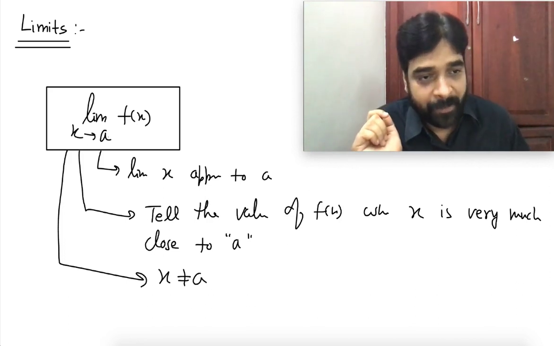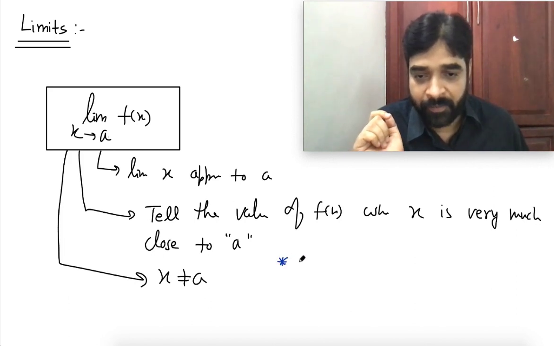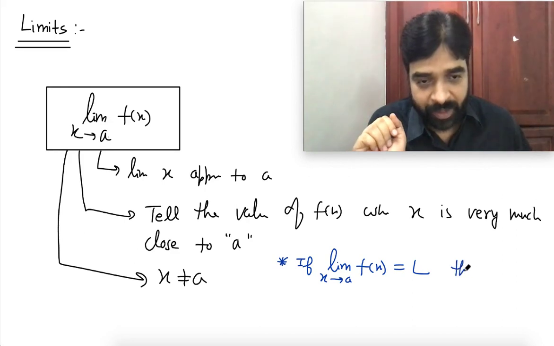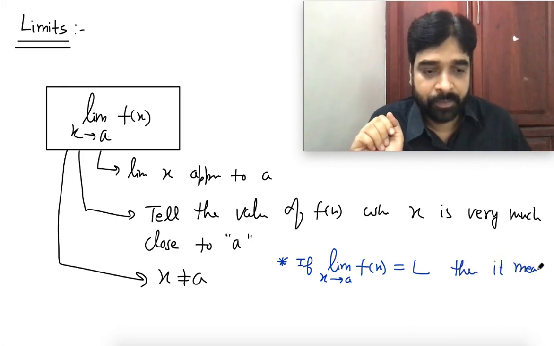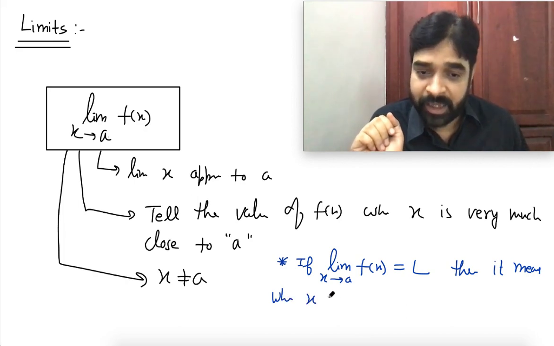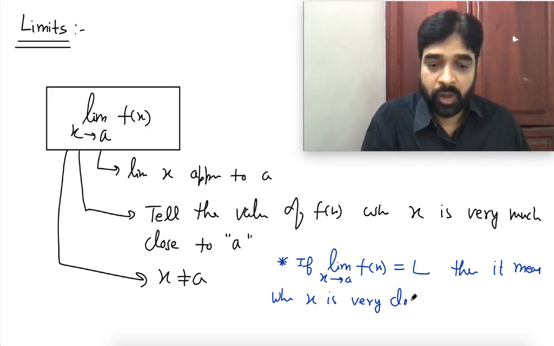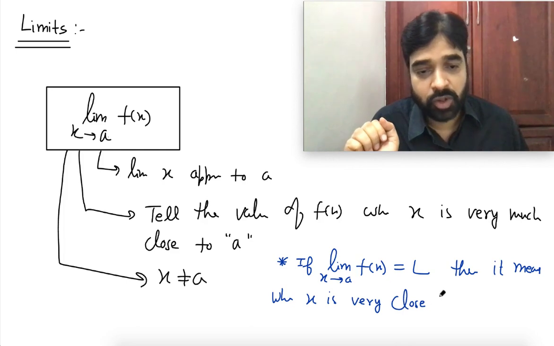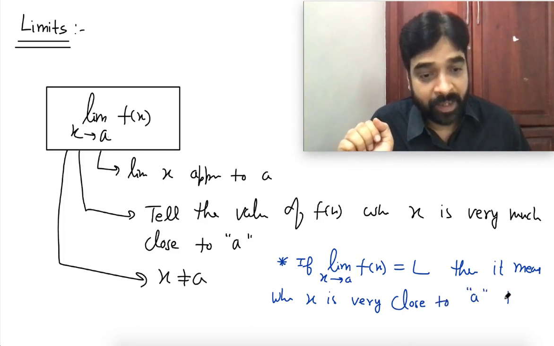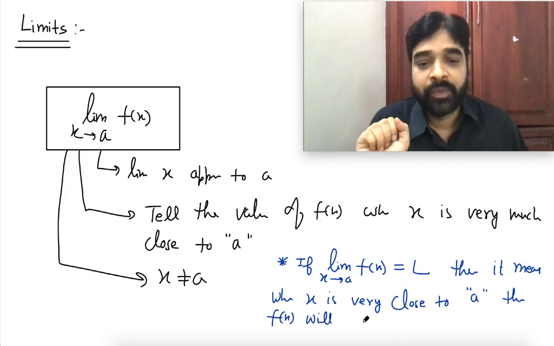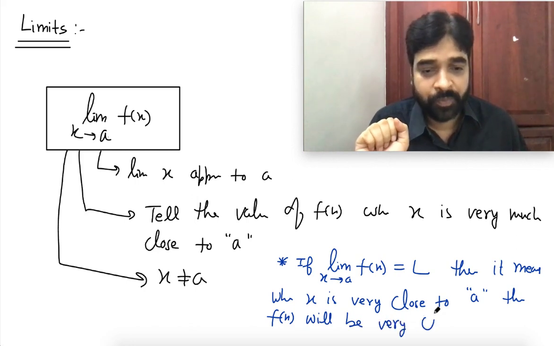Means if limit x approaches A of f(x) is equal to L, some L value, then it means when x is very close to A, with x not equal to A, f(x) will be very close to L. That's all.